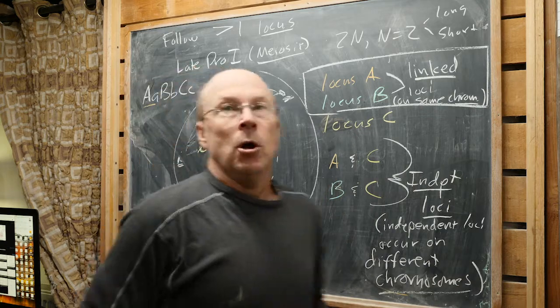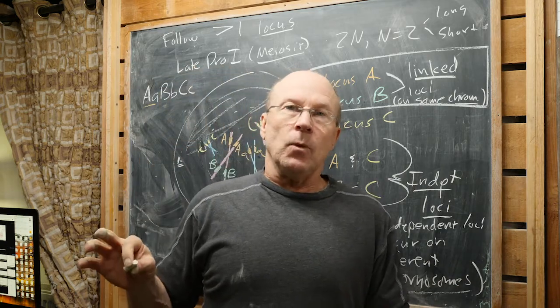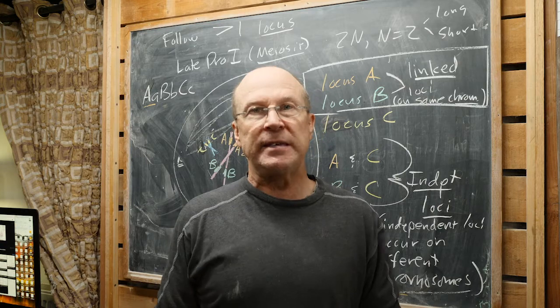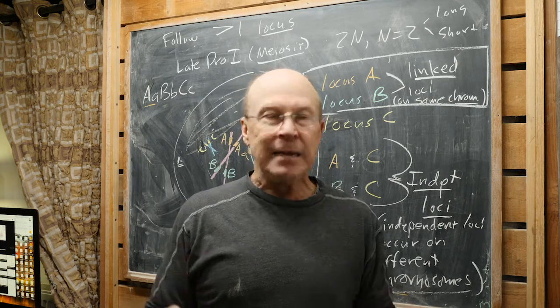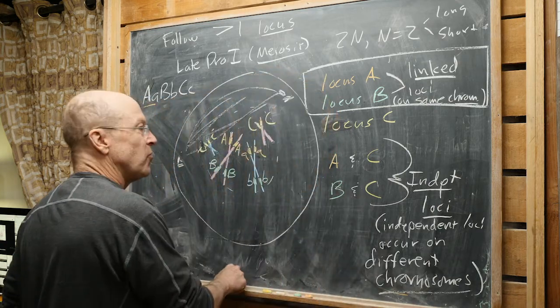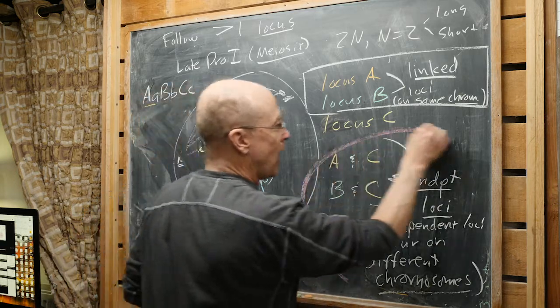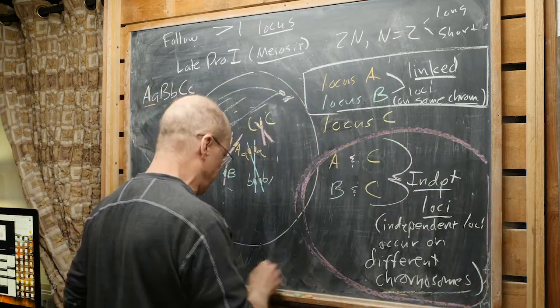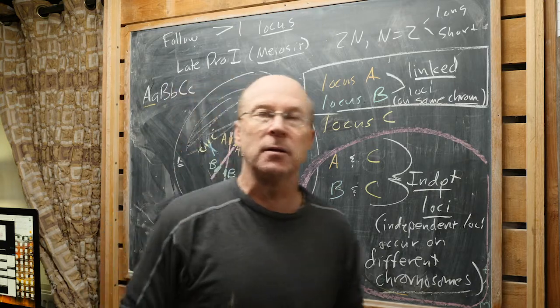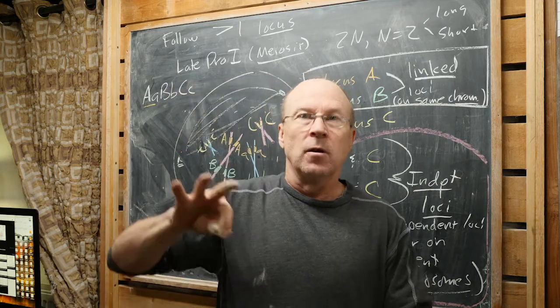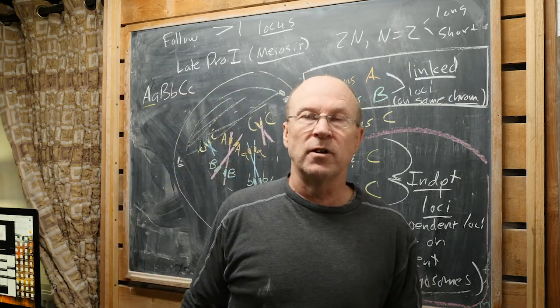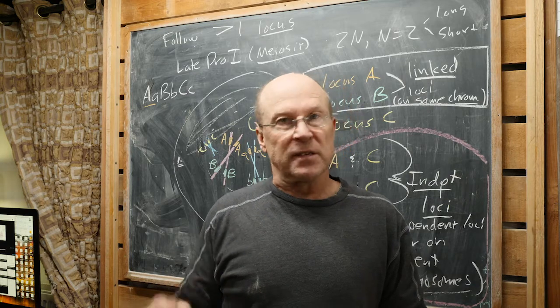Now, we will focus our attentions on independent loci. So our big party is right here. We are going to spend our time dealing with independent loci, at least for the next good chunk of this presentation. It's exciting.